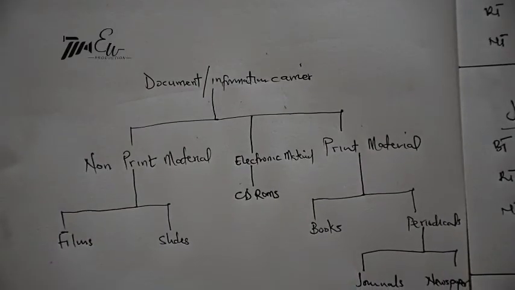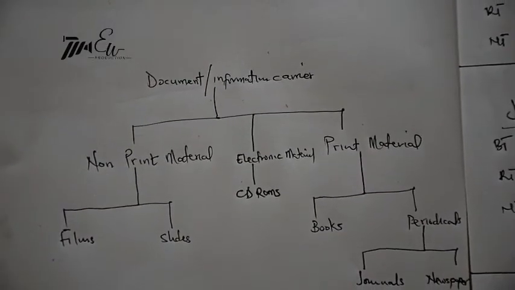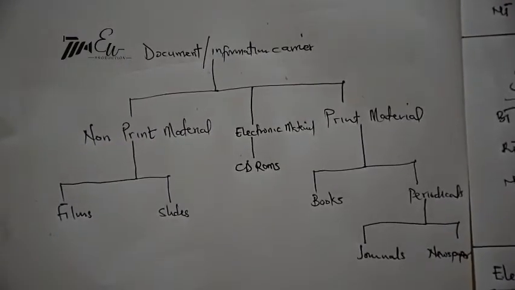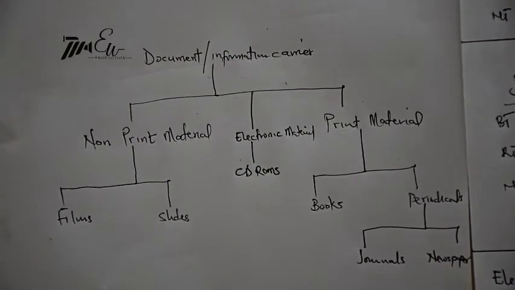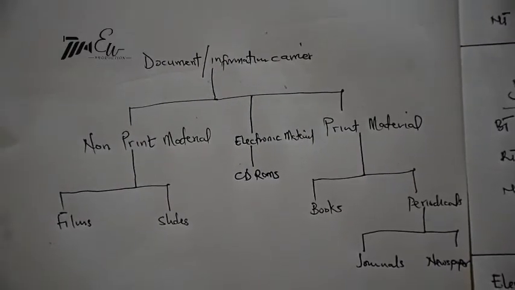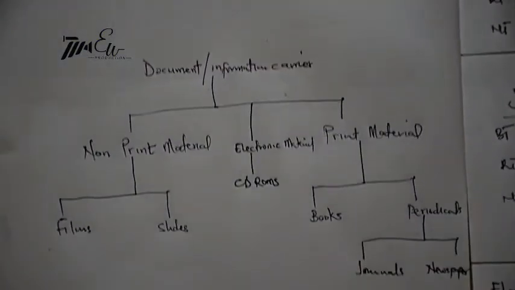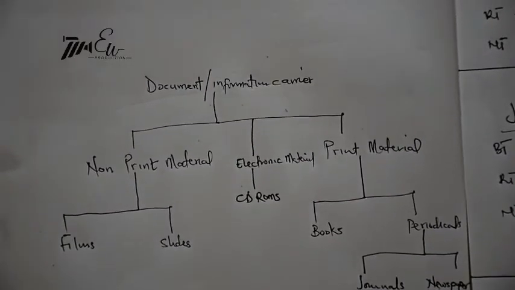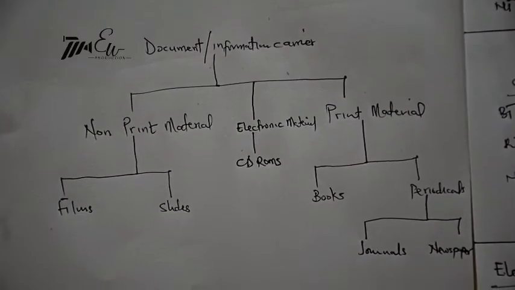Now, the first terminology is the document itself. Another terminology is book. Another is newspaper. Another is CD-ROM. Another is journal. Another is materials. Another is information carrier.